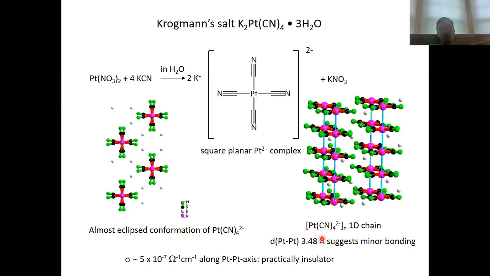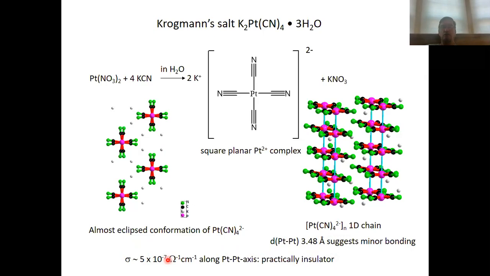So when you look at the electrical conductivity of that compound, then you will find that it's practically an insulator. So the conductivity is very low. It's 5 times 10 to the minus 7 Siemens per centimeter, or 5 times 10 to the minus 7 1/ohm times centimeter to the power of -1.